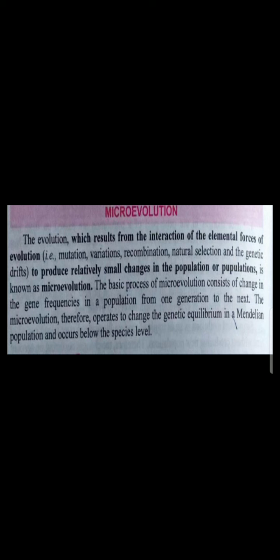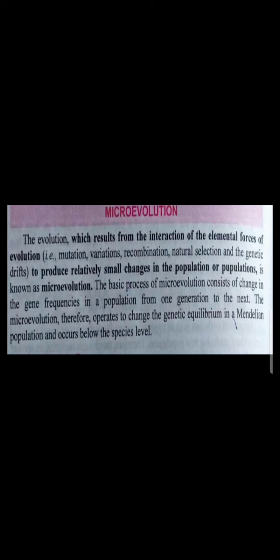The micromutations or little mutations are the main source of producing changes in the gene frequencies in the gene pool of local populations. These are gene mutations. Genetic recombination or Mendelian recombination changes the gene frequencies in the gene pool of the population.